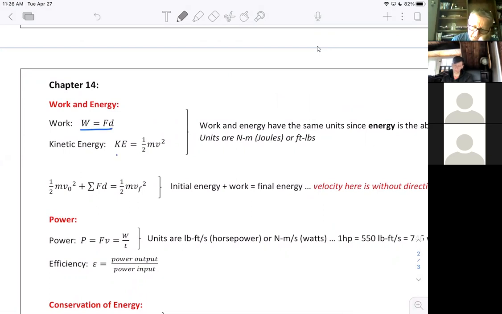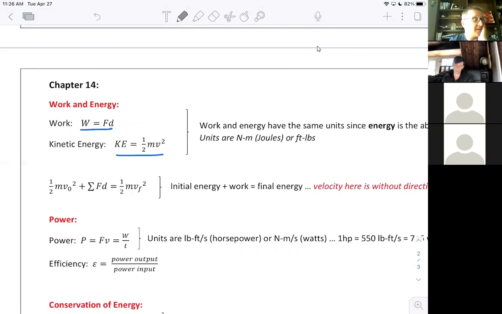There's work, there's kinetic energy. Notice it's kinetic energy from physics. It's energy, but why did I call it kinetic energy here? What's kinetic? It's the energy that's stored in the motion of an object. Yeah, it's motion. So there's potential energy, which is really work, where you have a force and you lift it up a distance, and now you have a weight that's way up in the air, if you will.